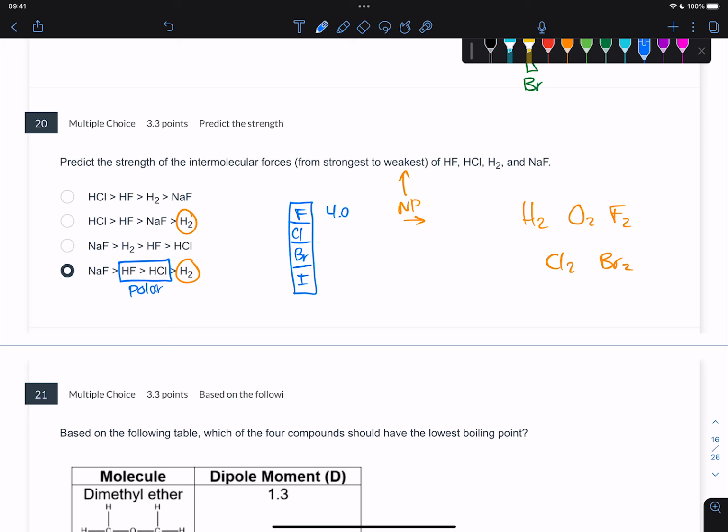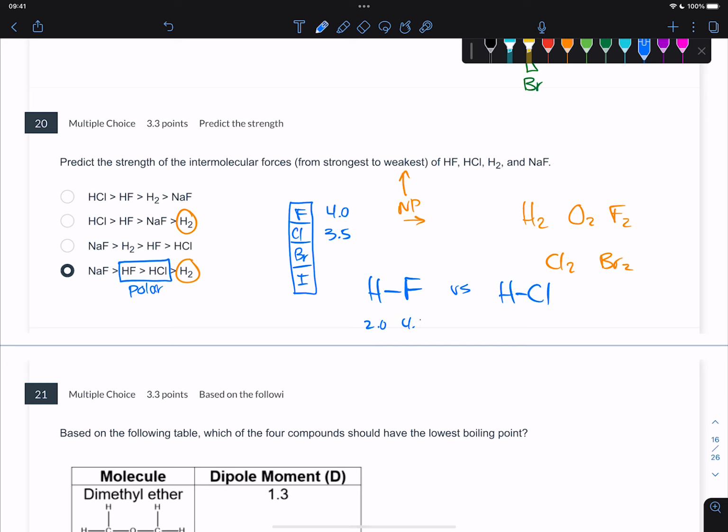Looking at this middle part, I know HF is polar and I know HCl is polar. HCl is less polar than HF because fluorine has an electronegativity of 4.0, I think chlorine is 3.5, and I believe hydrogen is about 2.1. I'm getting these numbers off the top of my head. Whatever, it doesn't matter because it's the same. Let's call it a 2.0.